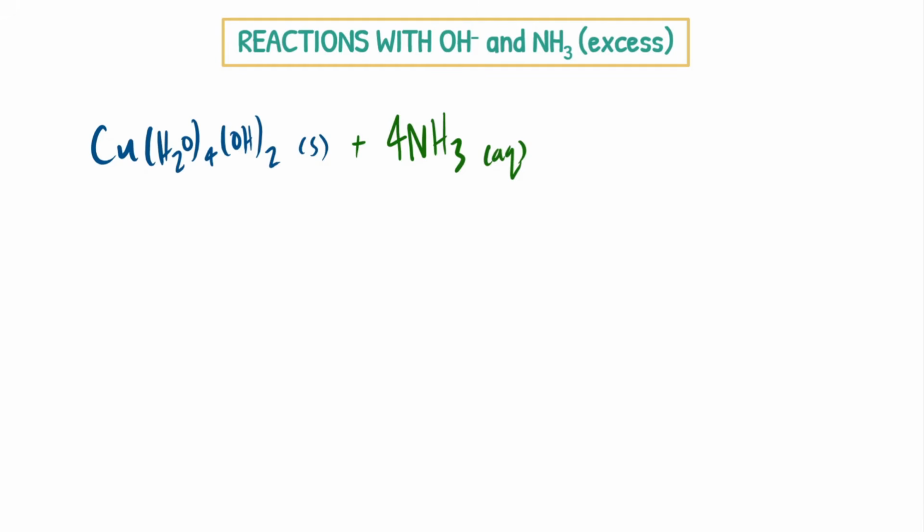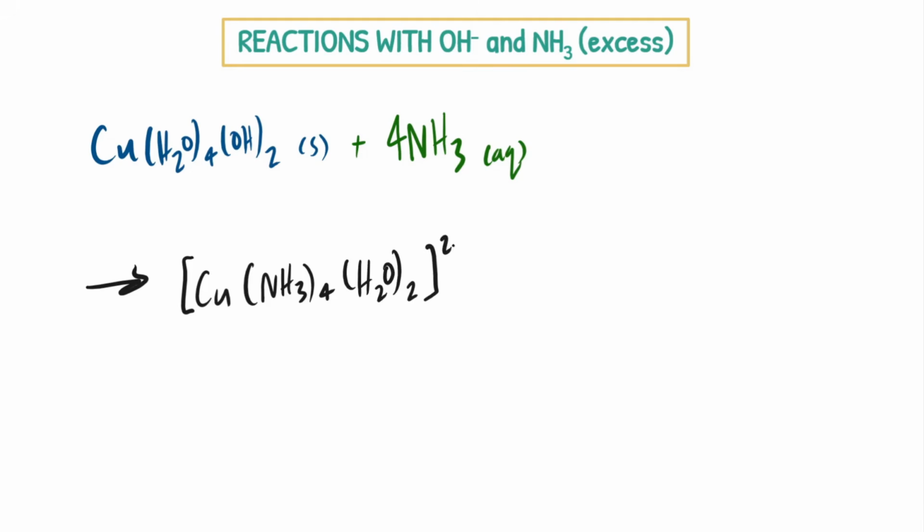Now we're going to have a complex forming, okay? I'll go through that complex in a second, and you're going to have 2 other products, okay? So our complex is going to be copper 2 plus, and it's going to have 4 ammonia ligands and 2 water ligands. Okay, 2 plus charge, still the same because ammonia and water are neutral, so it doesn't affect the overall charge.